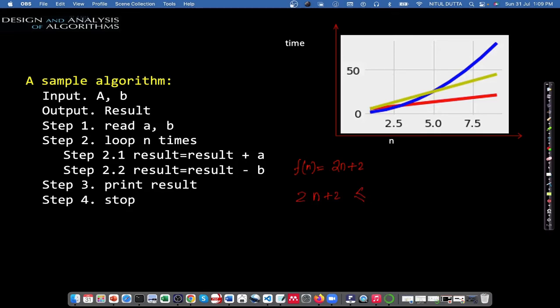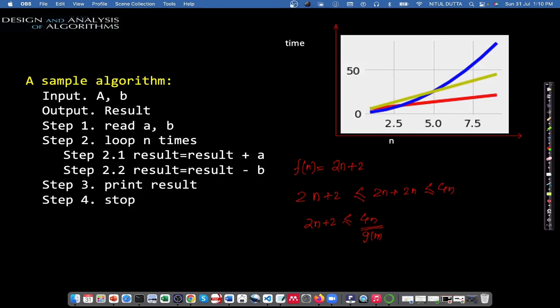That function can be taken as twice n plus 2n, which equals 4n. If I consider twice n plus 2 less than or equal to 4n, and take g(n) equal to 4n, that would be sufficient as an upper bound of this function.